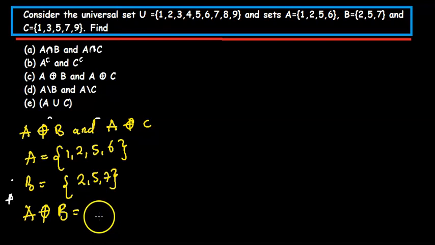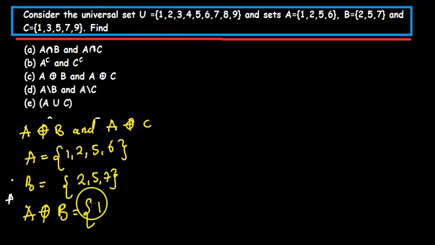How can we find this? Remember, we said the symmetric difference of A and B contains elements that are in either A or B but not in both. So 1 is just in A but not in B, so 1 is included.